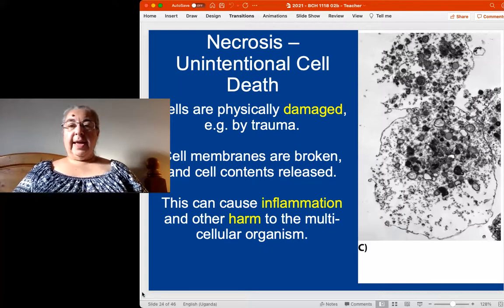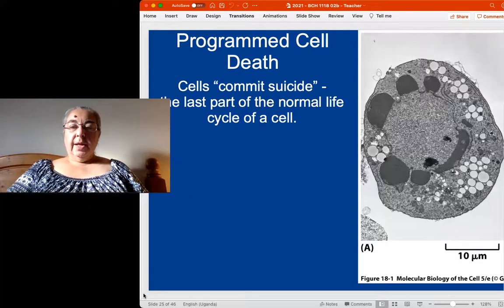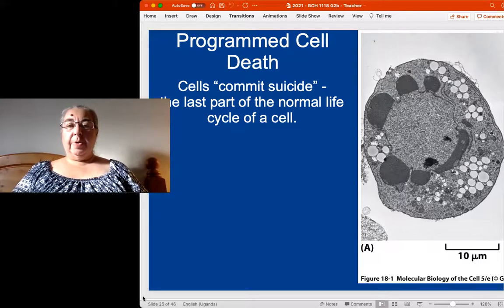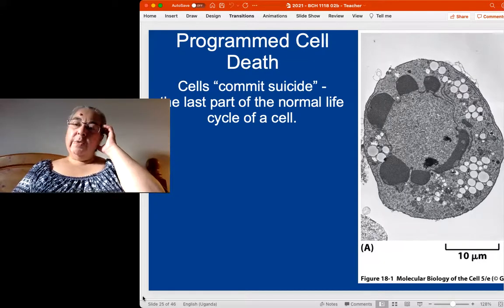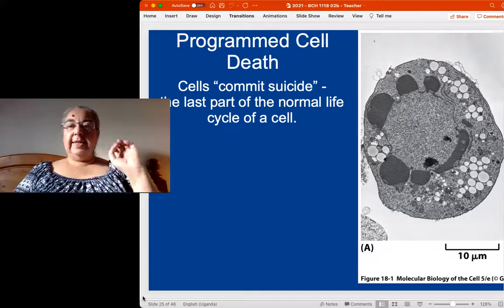Okay, so that's accidental or unintentional cell death, a messy process, a harmful process. This is programmed cell death. So this is a much tidier process. No cell contents are released outside cells.